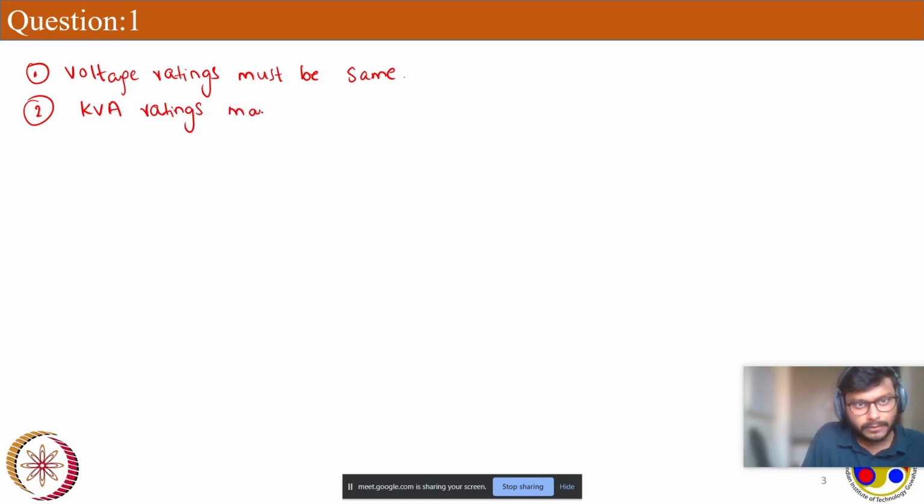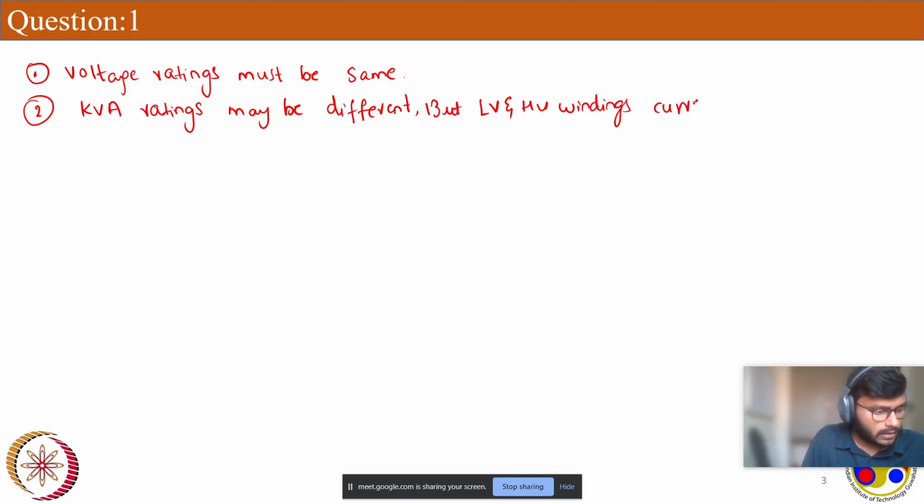kVA ratings may be different, but LV windings and HV windings current ratings must not be exceeded.